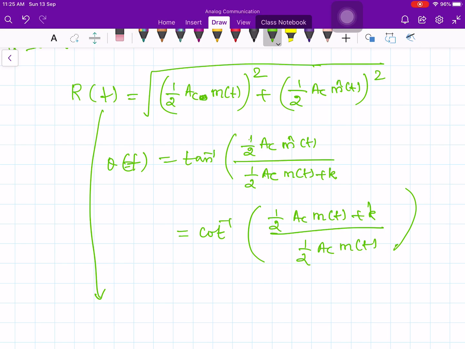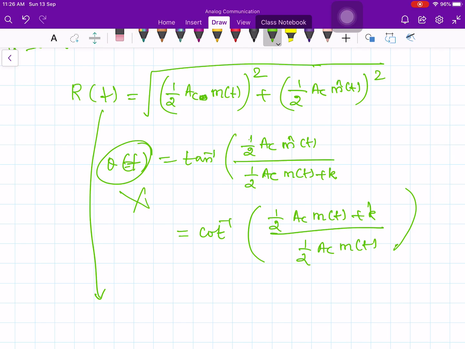The envelope detector, or the diode detector, will be the same as the one we used in the DSB signal with carrier. We are trying to understand the nature of E of t. In any case, theta of t is not relevant here. We are only looking at the envelope, so let us not worry about theta of t. We will consider only R of t.